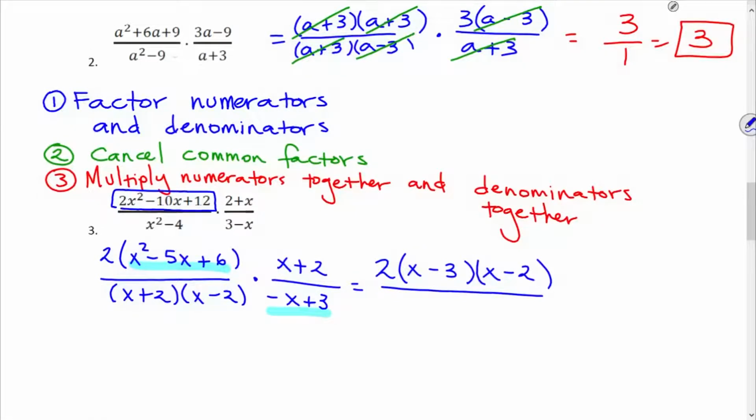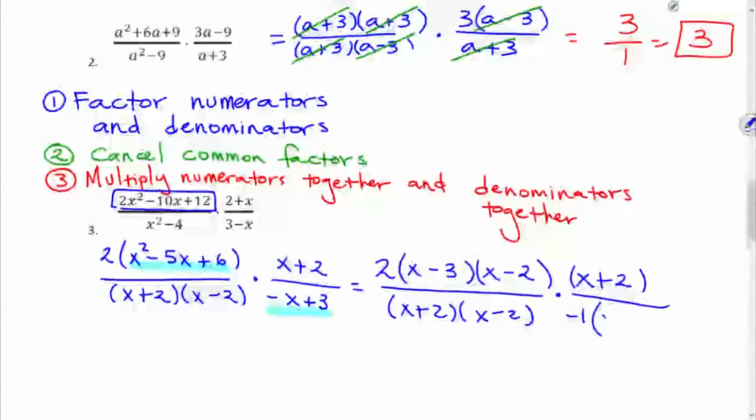Okay, divided by, I still have my x plus 2 and x minus 2 times, and I still have my x plus 2. Okay, and then down here in the bottom, I will factor out a negative 1, and I'm left with x minus 3.